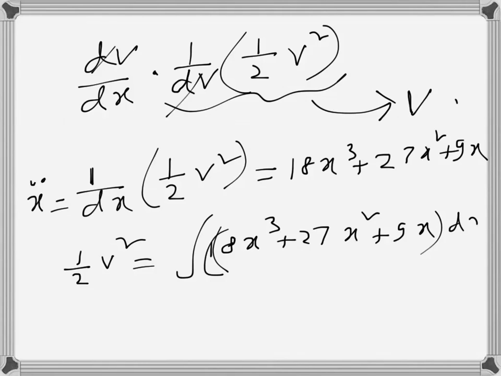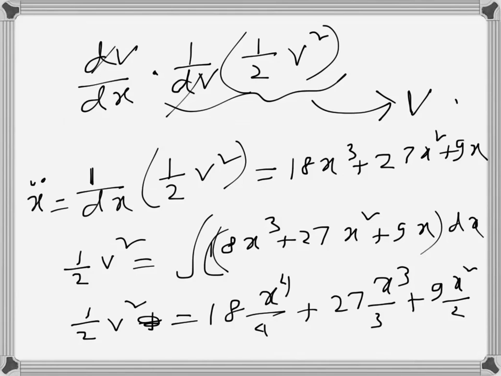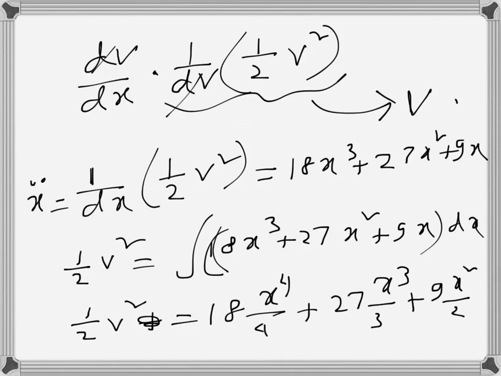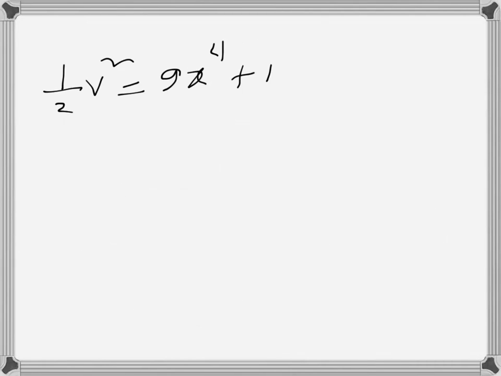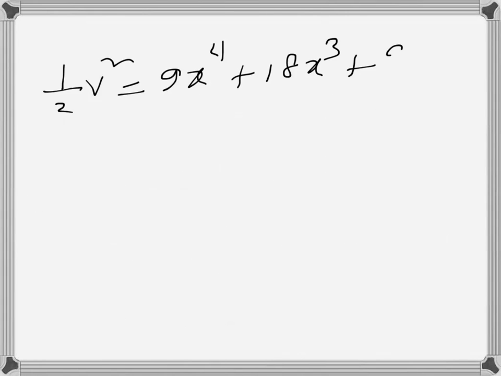So half v squared is equal to 18x to the power 4 over 4 plus 27x cubed over 3 plus 9x squared over 2, or half v squared is, this will be 18 over 2, so 9x to the power 4, and then 9 times 2, so plus 18x cubed, plus finally it will be 9x squared.